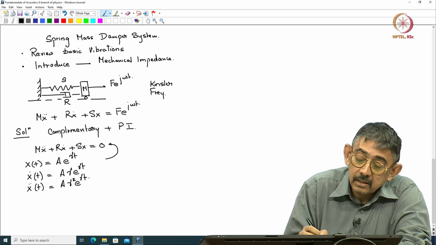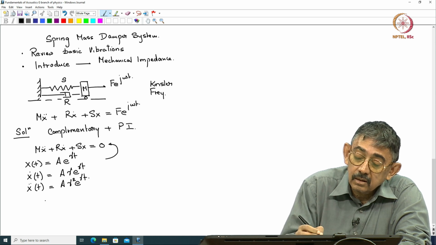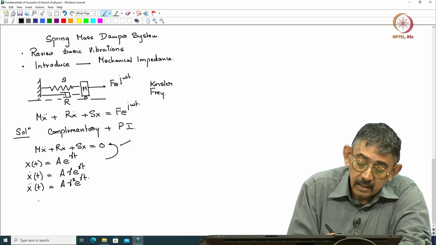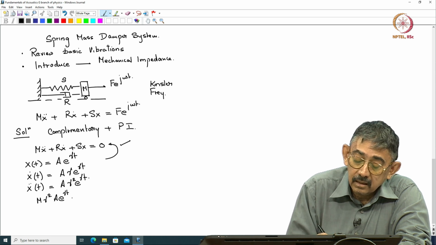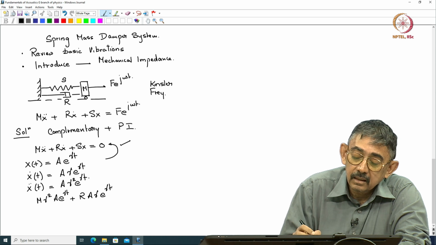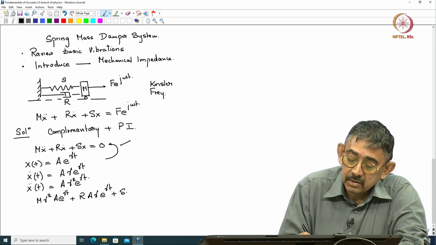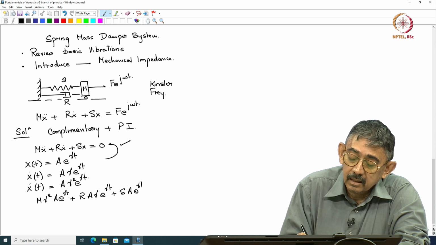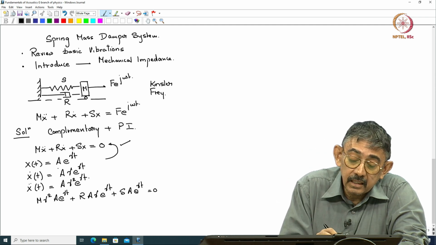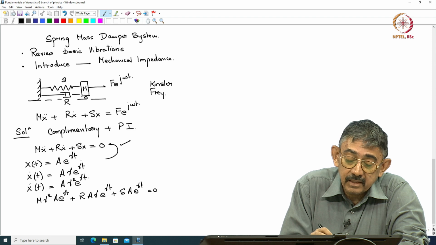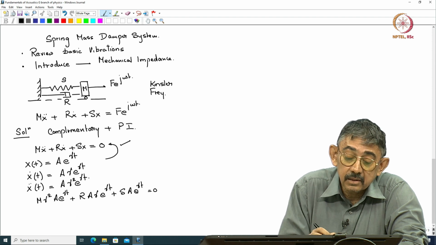If we substitute this into the homogeneous equation, we get m gamma square a e to the power of gamma t plus r a gamma e to the power gamma t plus s a e to the power gamma t is equal to 0, and a e to the power gamma t of course cannot be 0 because then my solution is a trivial solution.